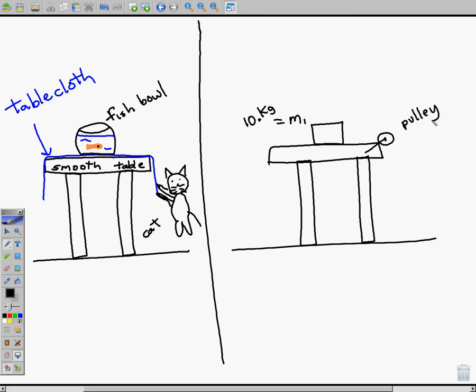And then there's a string draped over the pulley, connecting that mass to another mass over here, which represents the fat cat. M2. Let's say that's 15 kilograms.